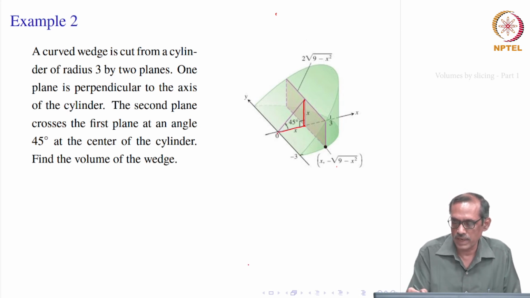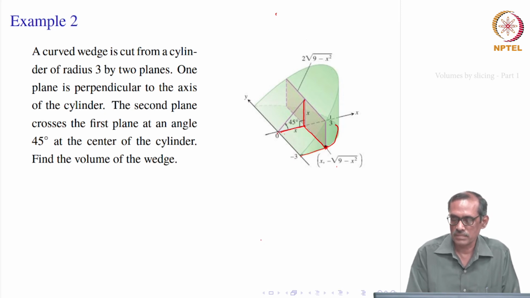And what is its length? The length will be twice this length. And what is this length? Since the base is a circular base, we have the half circle here, of course. Then for any point x here, the y coordinate will be square root of 9 minus x squared, right, because x squared plus y squared equals 9, its radius is 3.